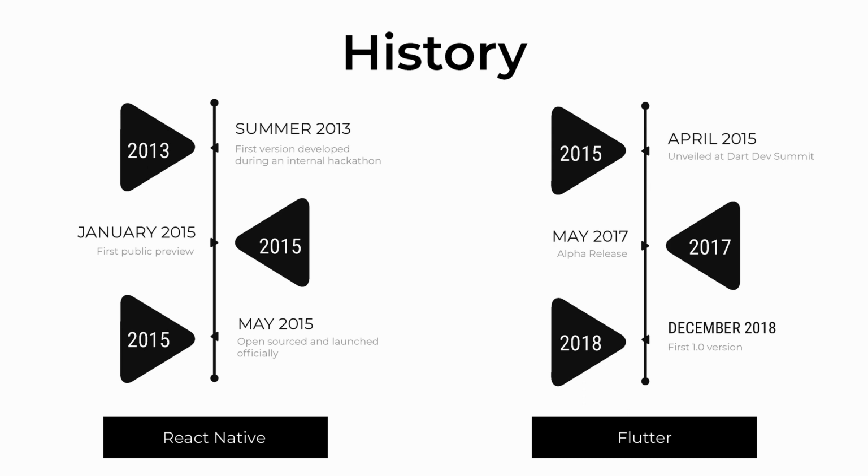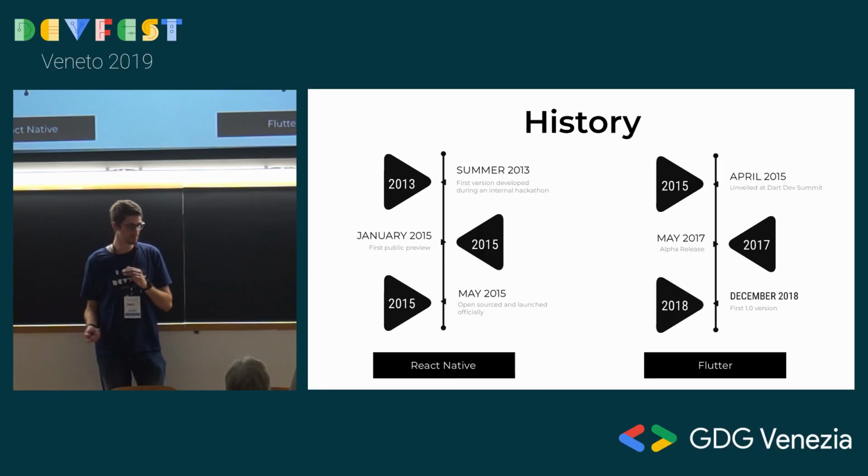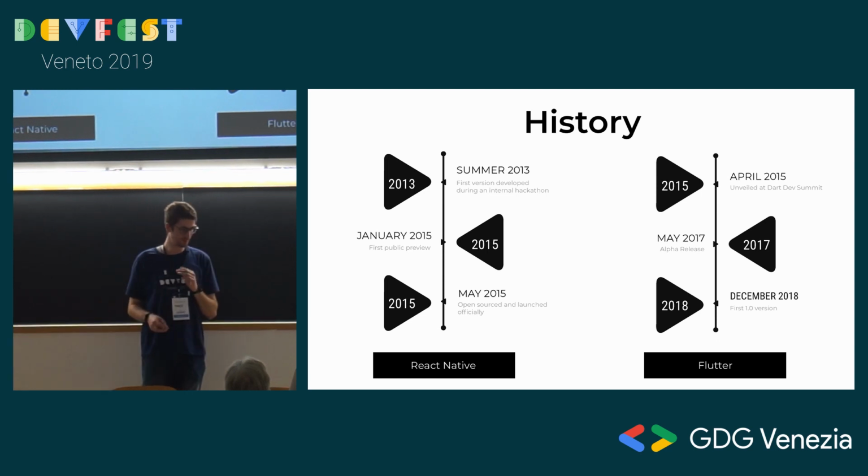Flutter instead is younger. A first version was unveiled during the Dart Dev Summit in 2015. Two years later, the first preview came out during Google I/O. And last Christmas, the 1.0 version was released.